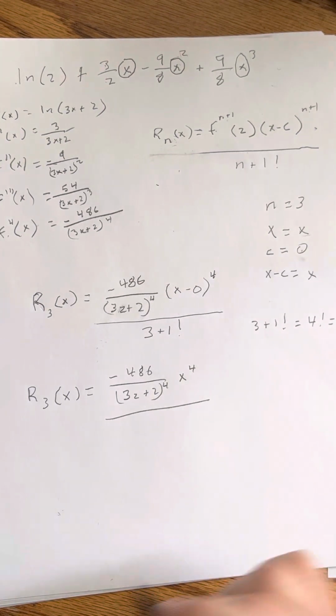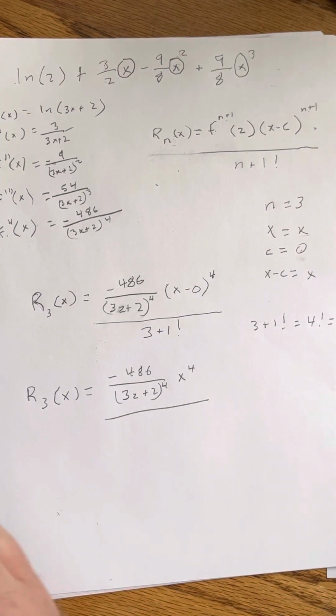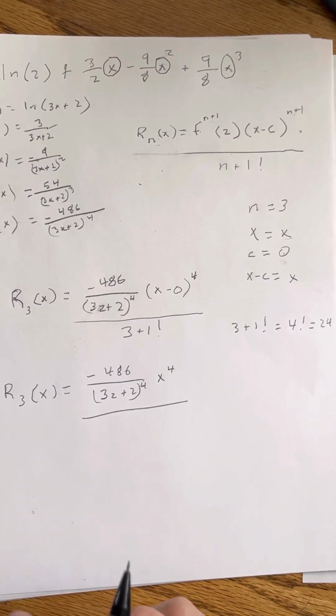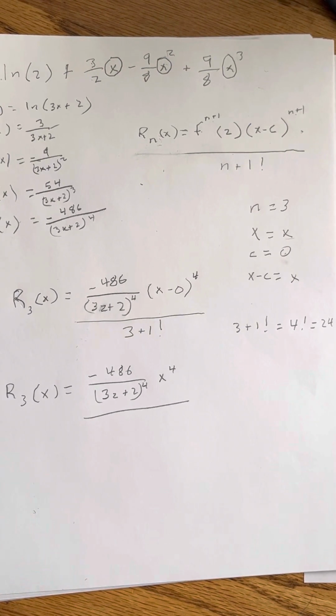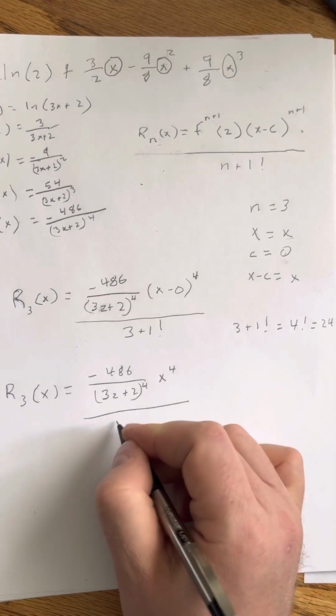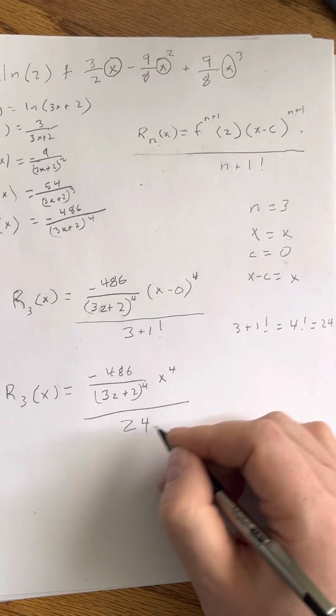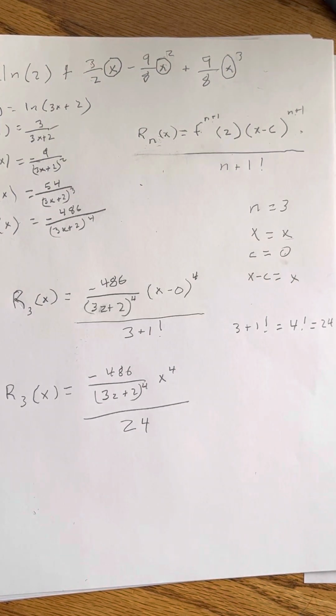If you don't know why, do your math. 4 times 3 times 2 is 24. So we get 24. Great. We can flip and multiply this.